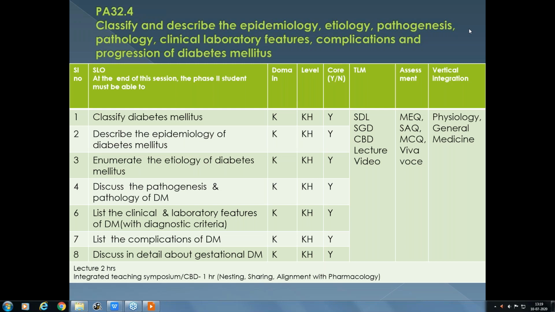Vertical integration with physiology and general medicine departments can be done, and we have also suggested an integrated teaching symposium which can deal with multidisciplinary or interdisciplinary integration, as Dr. Prasad had mentioned in the last lecture. So we kept a 2-hour lecture for this very important competency, and along with that, one integrated symposium.